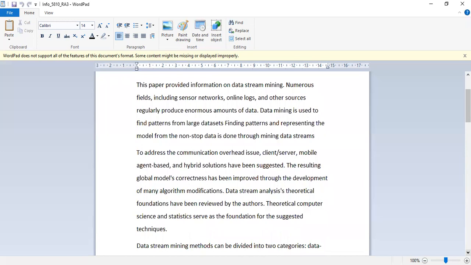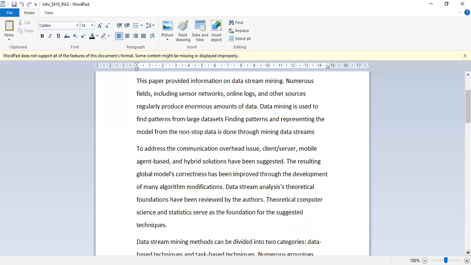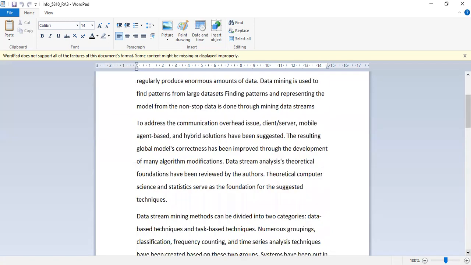The database techniques idea is to examine only a subset of the whole data set, or to transform the data vertically or horizontally to an appropriately smaller size of representation. And coming to the task-based techniques, these are from computational theory and have been adapted to achieve time and space efficient solutions.